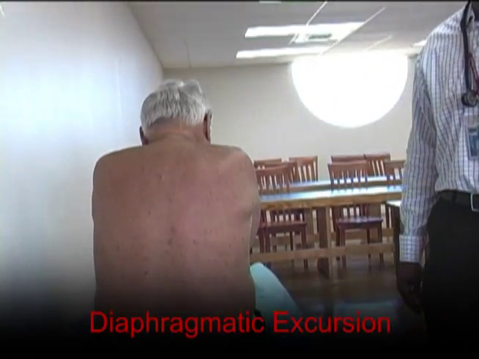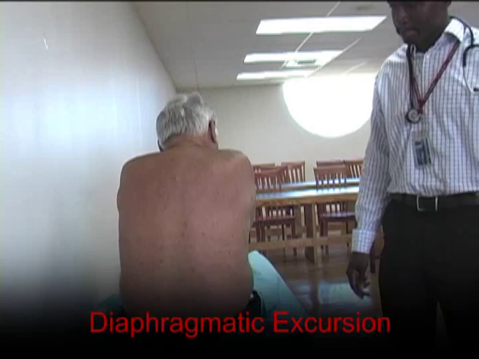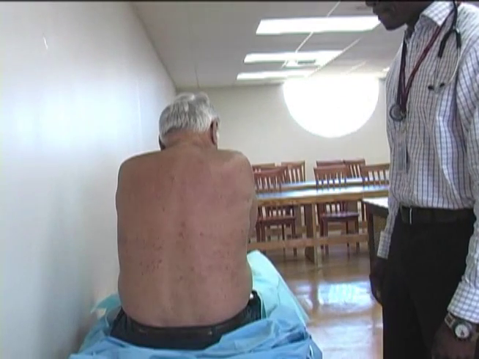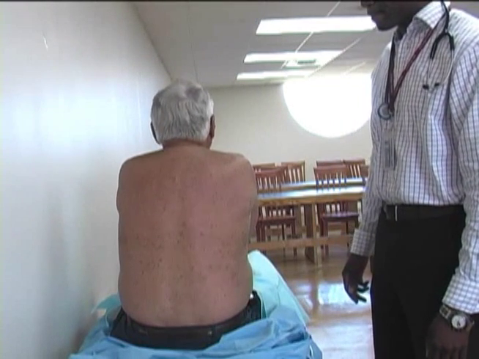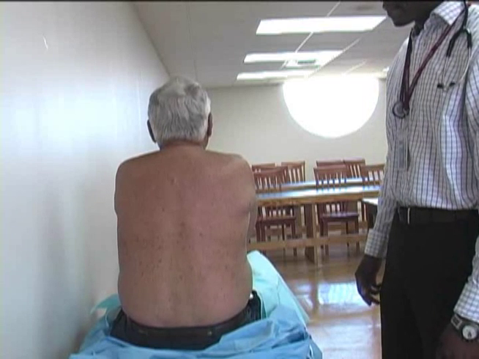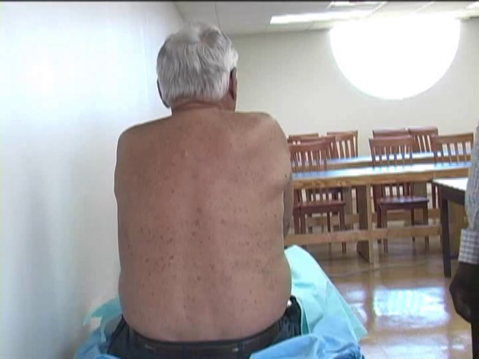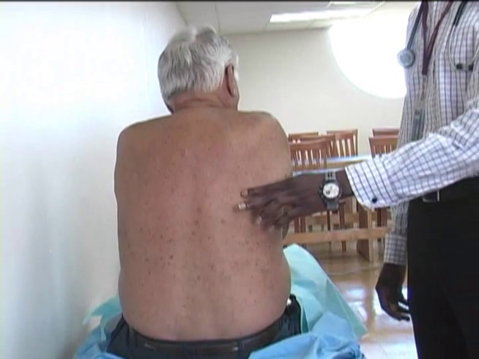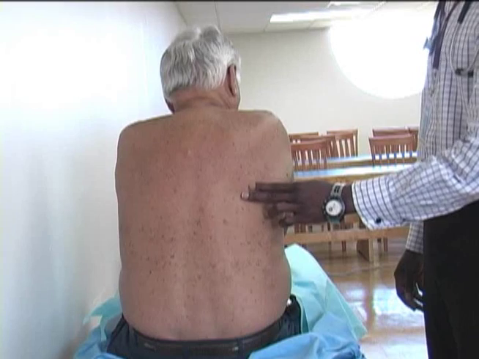We will then proceed with the test of diaphragmatic excursion. This is a test that is done to find out the distance of the movement of the diaphragm that happens between full inspiration and full expiration. The procedure is as follows. First, the patient is asked to breathe normally for a few cycles.